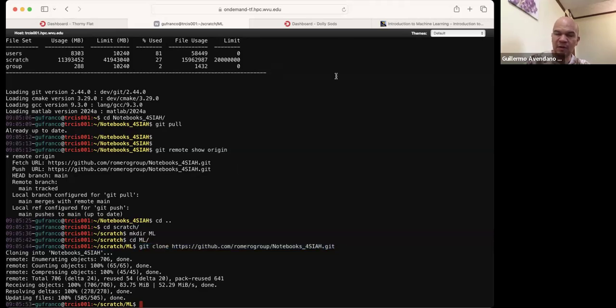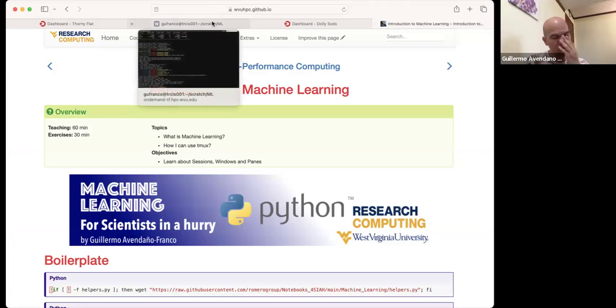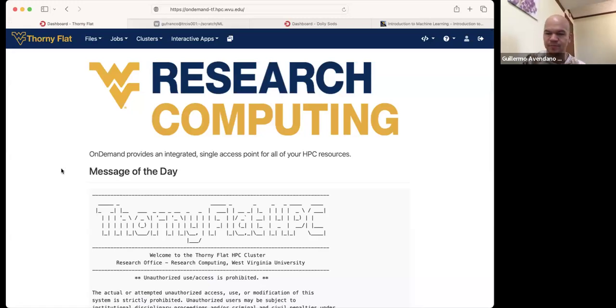The content of the material on this page is just a conversion from the Jupyter notebook into Markdown. So it is the same as the notebook. With the notebook, we will interact with it, so that could be better. And so I will be copying the command line that you will execute on Thorny to gather the material for this. So let's start.